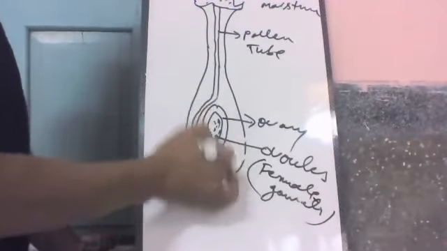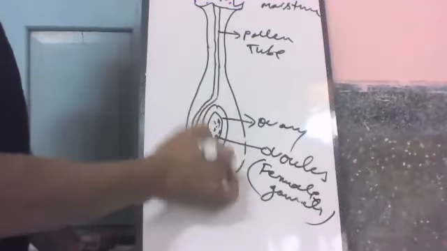These ovules develop into seeds, and the covering of the ovule gives rise to the seed coat.